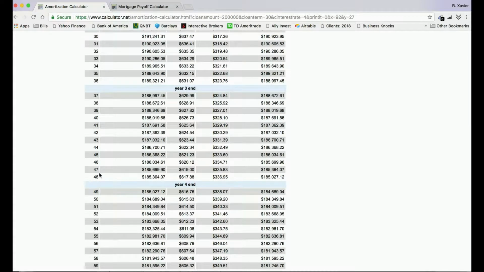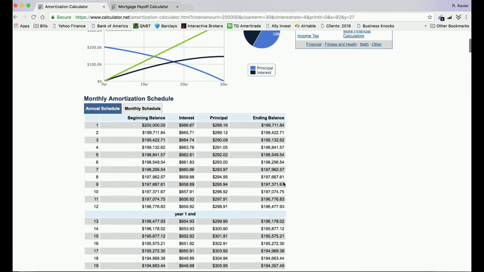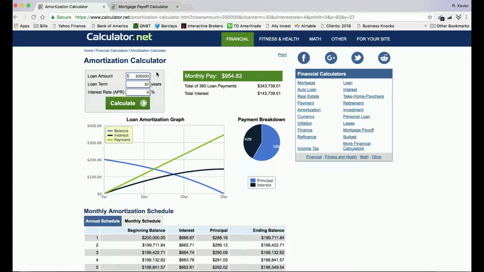So let's say that after 48 payments, which is 48 months, which is 4 years, you would still owe about $185,027.12, within this scenario, with these figures. Again, this is not your sales price.